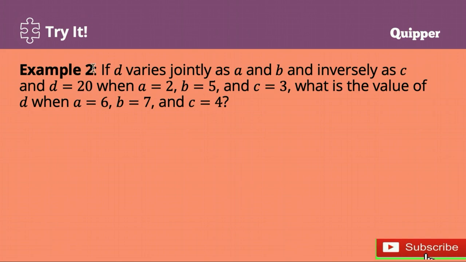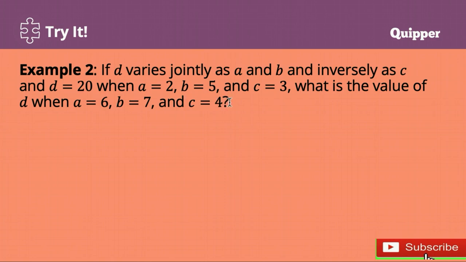Example number 2. If D varies jointly as A and B and inversely as C, and D is equal to 20 when A is 2, B is 5, and C is 3, what is the value of D when A is equal to 6, B is equal to 7, and C is equal to 4?